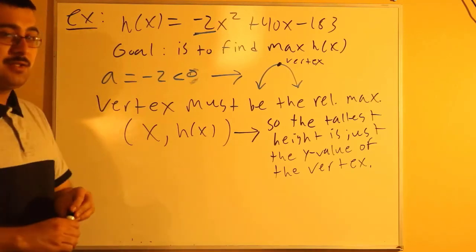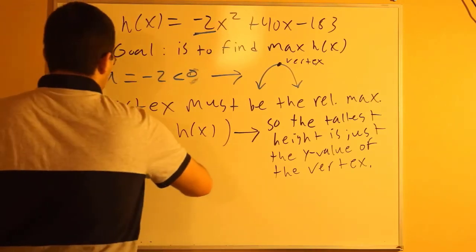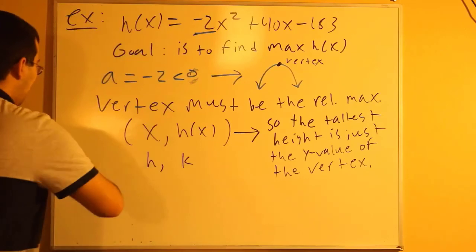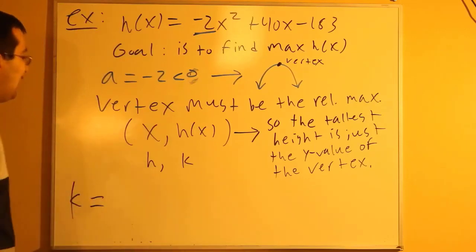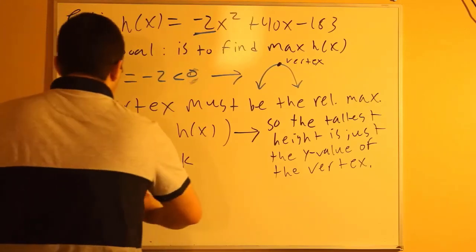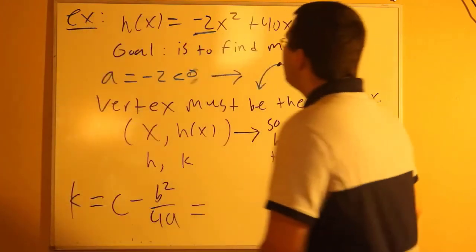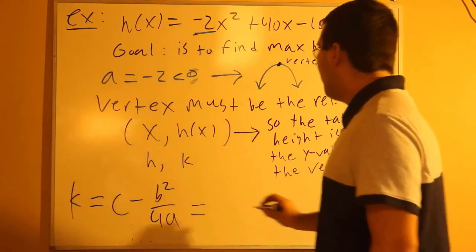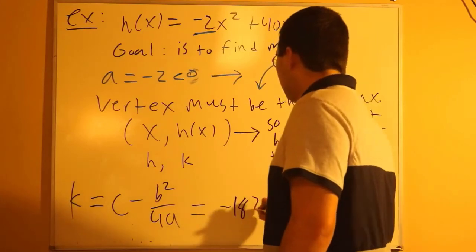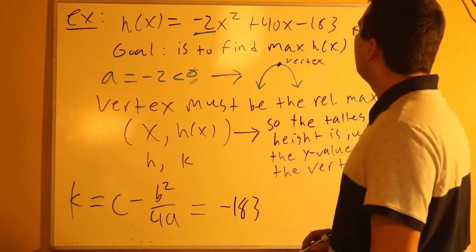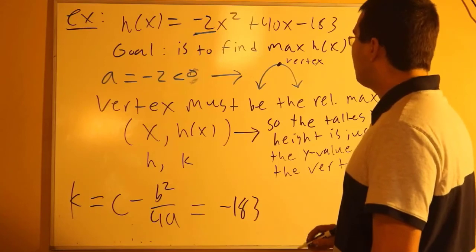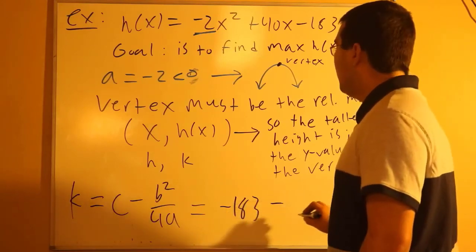And luckily for us, we remember that the vertex is h comma k, and we have a clear formula for k. K is the value c minus b squared over 4a. C in this problem is minus 183. B in this problem is 40.